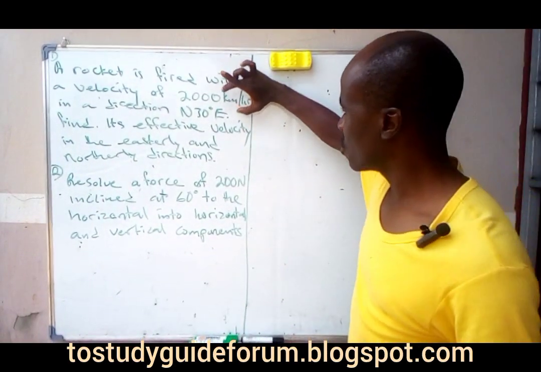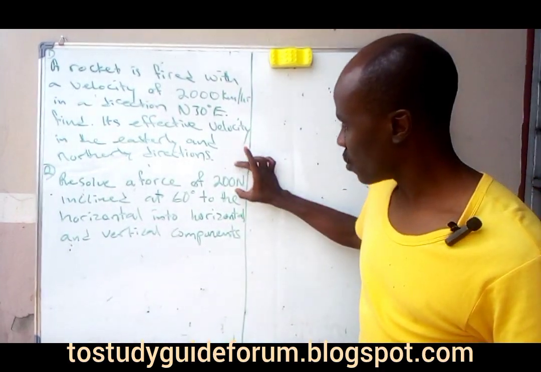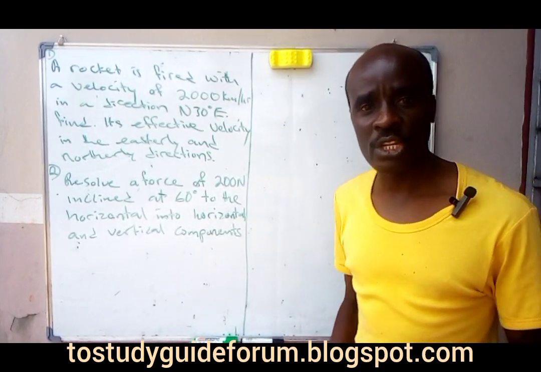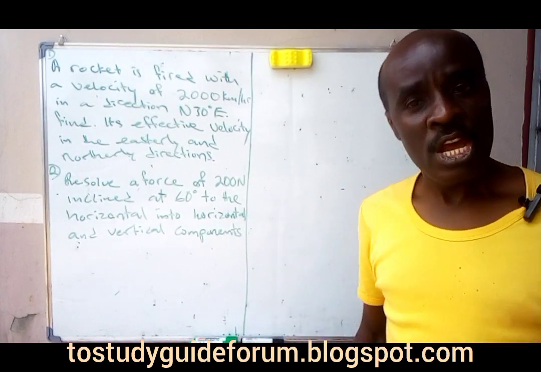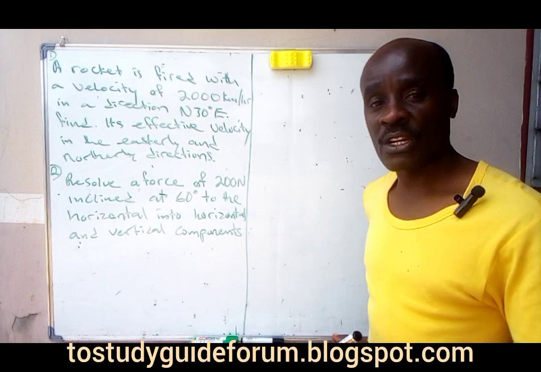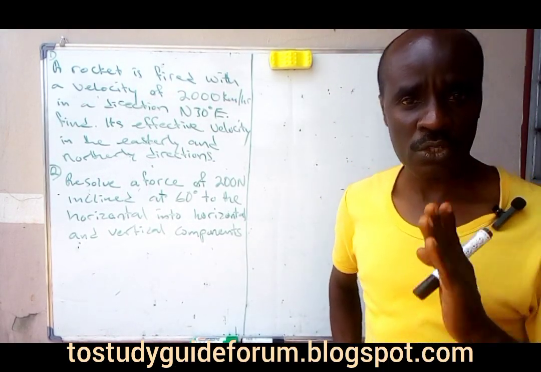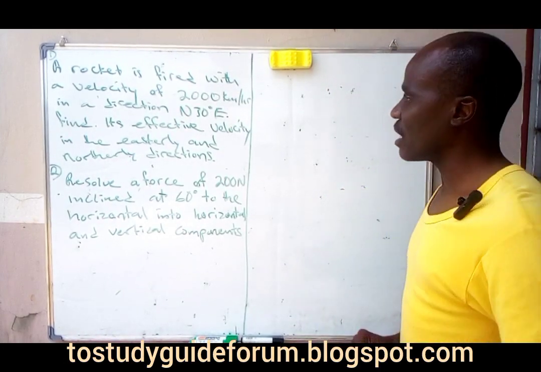This one you can call a resultant vector, and this other one, 200 Newton, is also a resultant vector. So we are going to resolve each into horizontal and vertical components, because when we're resolving a vector, we always resolve into horizontal and vertical components.